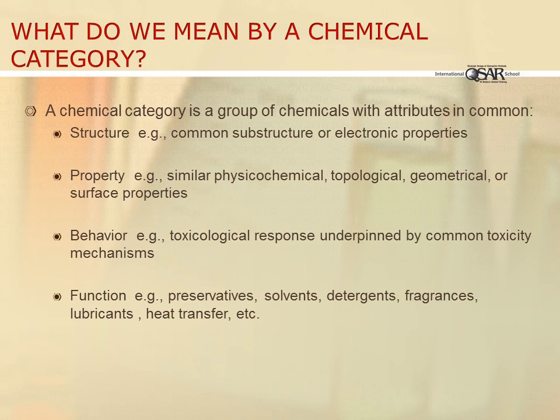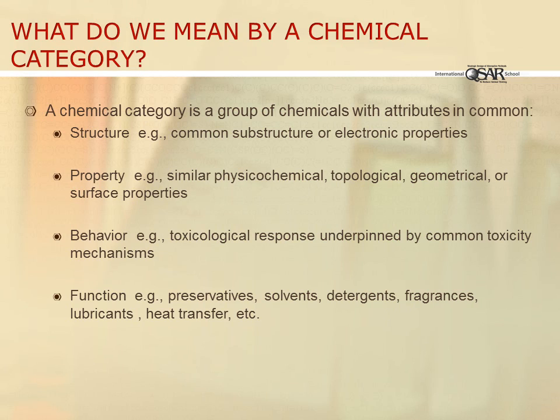There are ways of grouping chemicals by properties. Similar physical, chemical, topological, geometric, or surface properties. An example might be corrosive chemicals, grouping acids, grouping chemicals that have strong irritating capabilities would be those that are reactive chemicals or unstable chemicals.